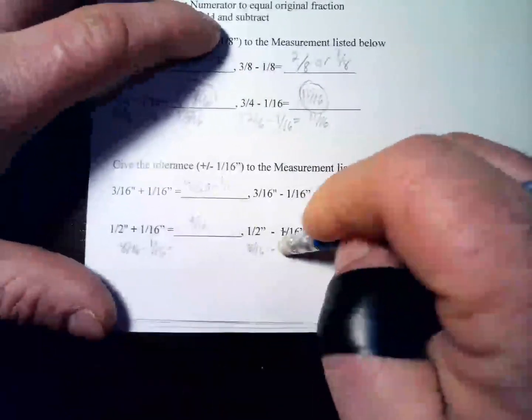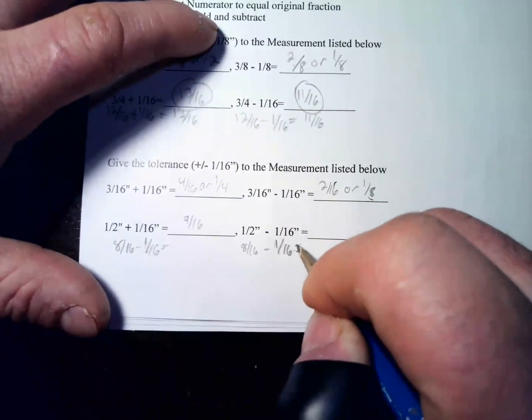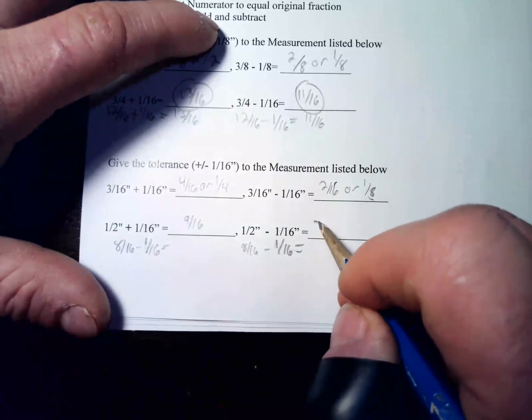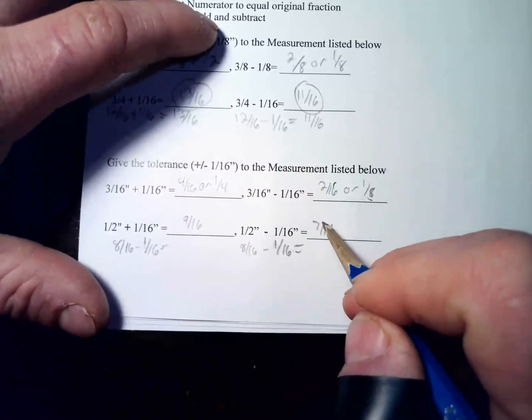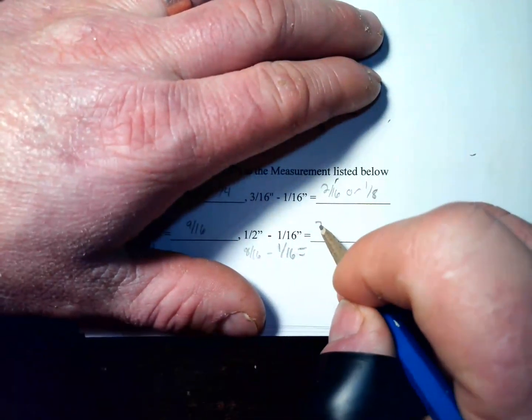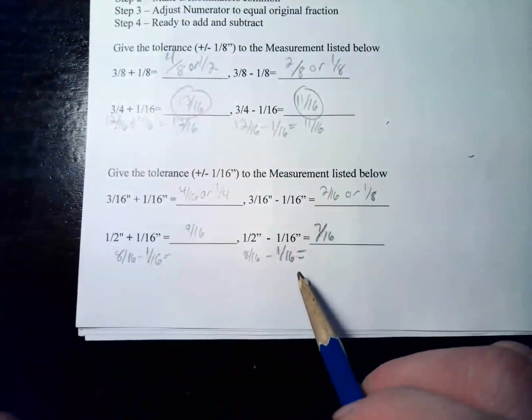Man, this writing is bad. So we basically are going to do 8 minus 1 is 7. So 7/16 is 1/16 of an inch less. 7/16. That looks better.